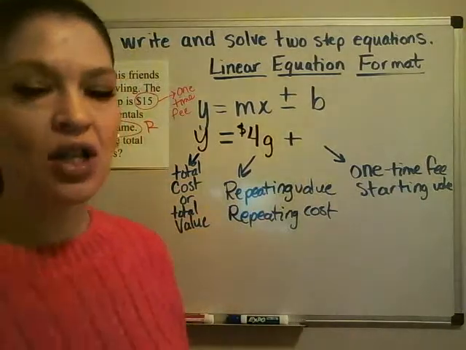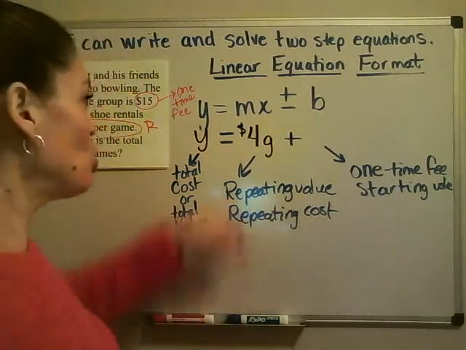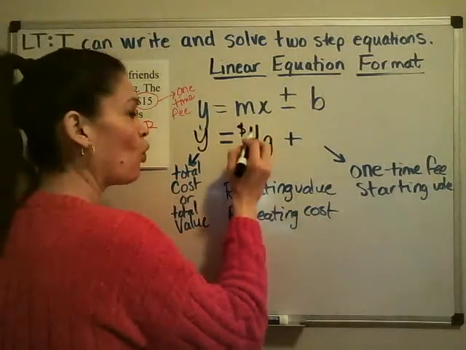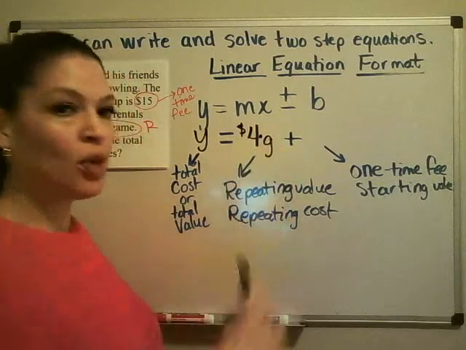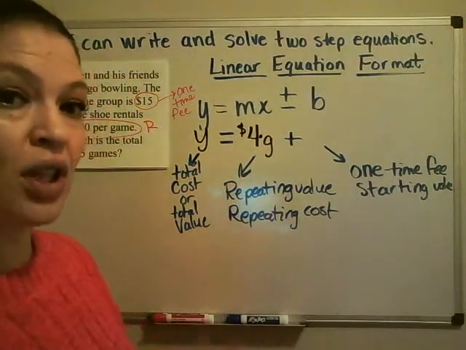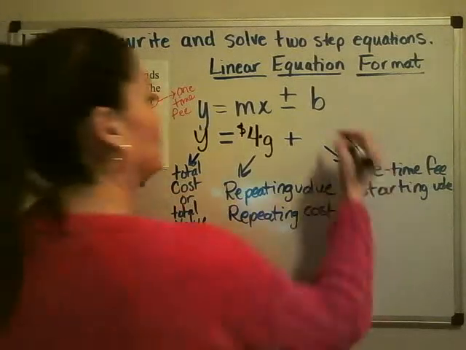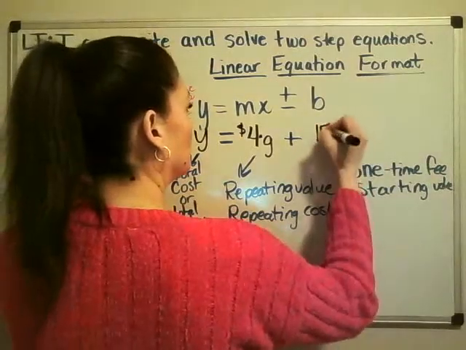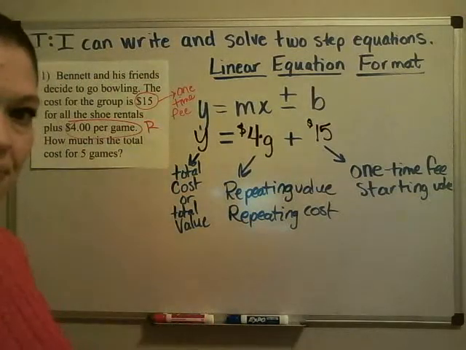You guys know I always like to use variables that match the word problem that we're working on, okay? So we're going to be paying $4 times each game that we're going to play, so that is our repeating cost, and our one-time fee is our $15 for the shoe rentals, okay?